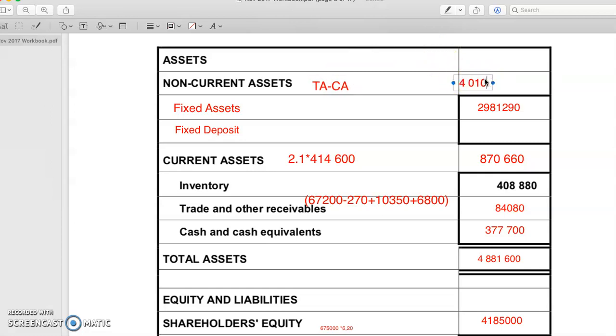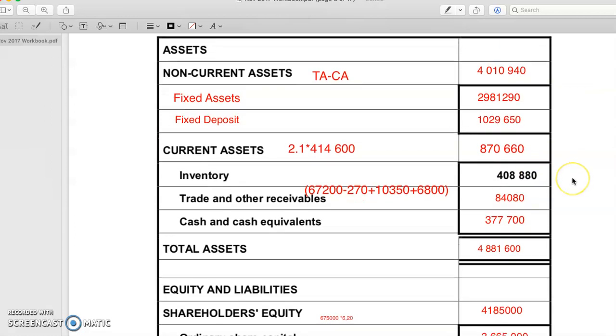And we should get an amount of this. 4 million, is it right? I think it's right. And then the last part, we say our total assets minus our fixed assets has to give us this amount. And boom, that's it, guys. That's our balance sheet. Here are all the totals.